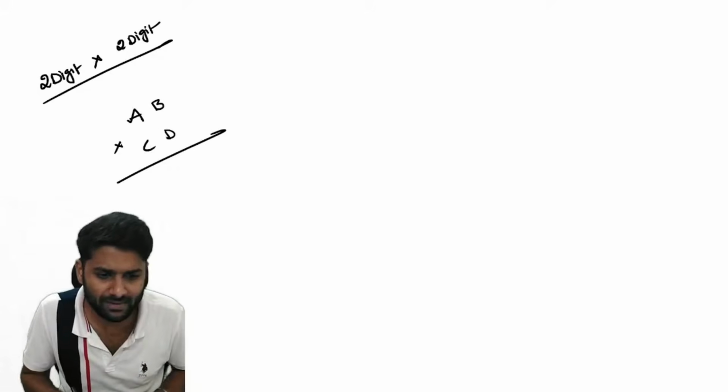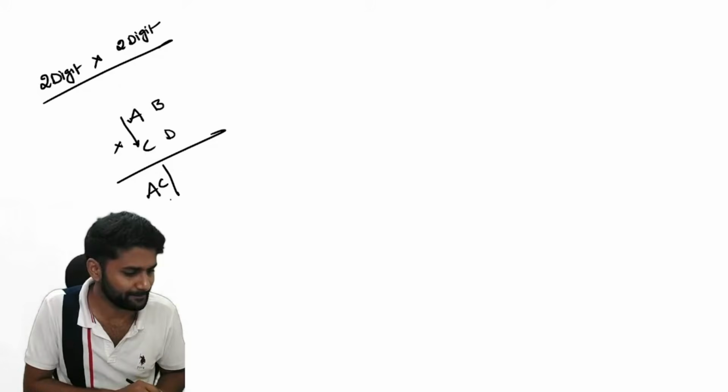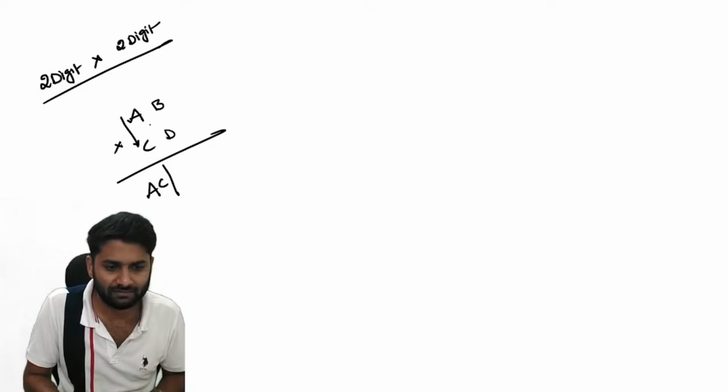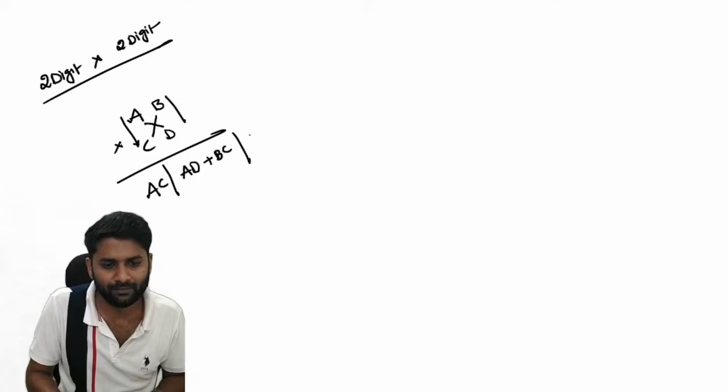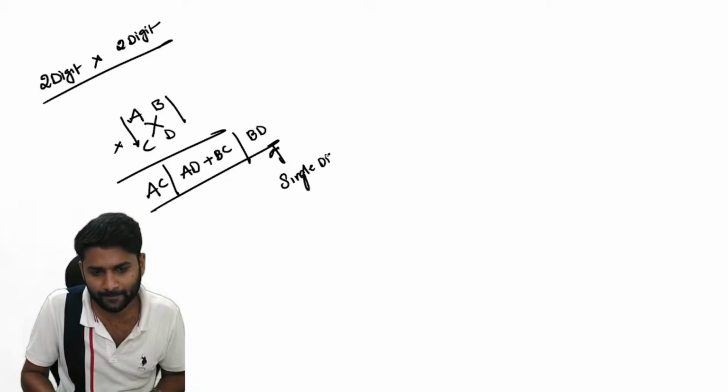Step number 1, A into C is AC. Next one, cross multiply: A into D is AD, B into C is BC. Finally, B is multiplied with D is BD. This is the resultant.